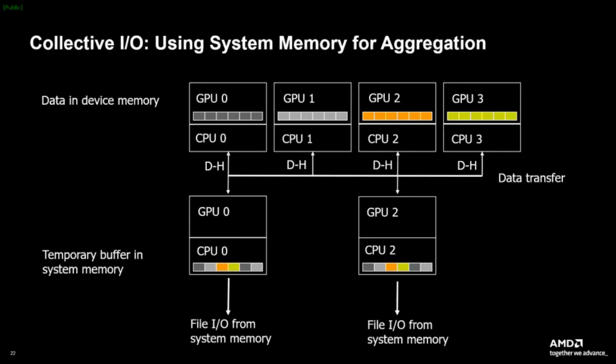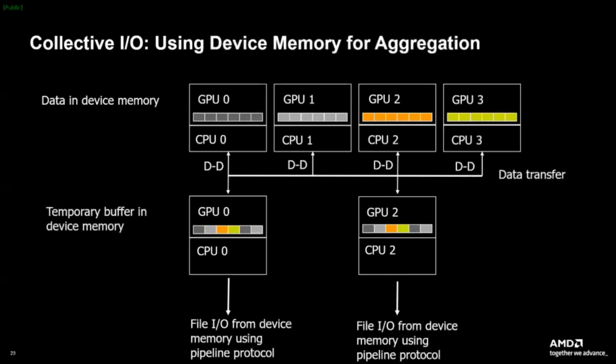Both have advantages and disadvantages. If you perform the aggregation in CPU memory, your I/O might be more straightforward because you simply perform a write or a read from CPU memory, right? Your data transfer is a device-to-host transfer in that case for a write operation, which often has a little bit lower bandwidth than a direct GPU-to-GPU transfer.